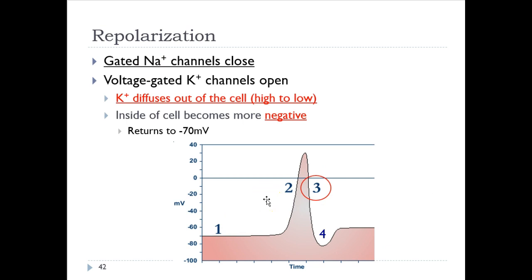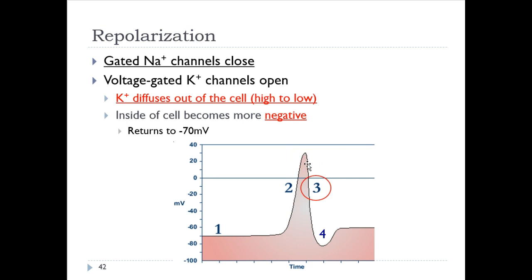The voltage gated potassium channels open, which means that potassium's going to start to diffuse out of the cell because they're going from high to low. And also, remember how they were attracted to the negative charge? Now that we're slightly positive here, they're going to go to the other side. So now really it's just going to be simple diffusion that moves them across.